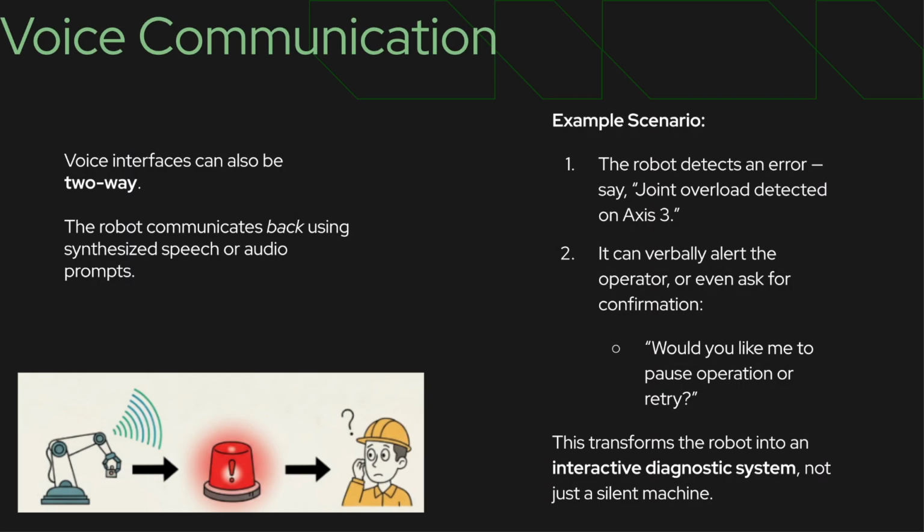And then voice communication is actually the robot can talk back to you. Let's say there is an error. Well, if you just have a red alert going off, you may not know what the error is for. There can be so many error codes that you have for a robot.